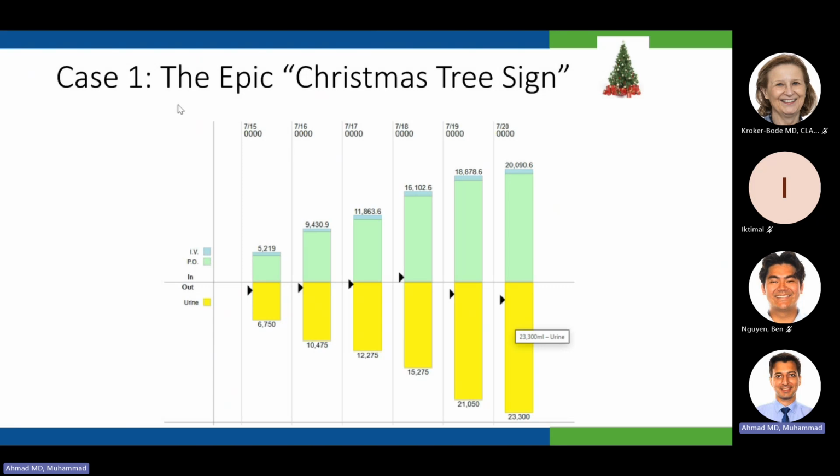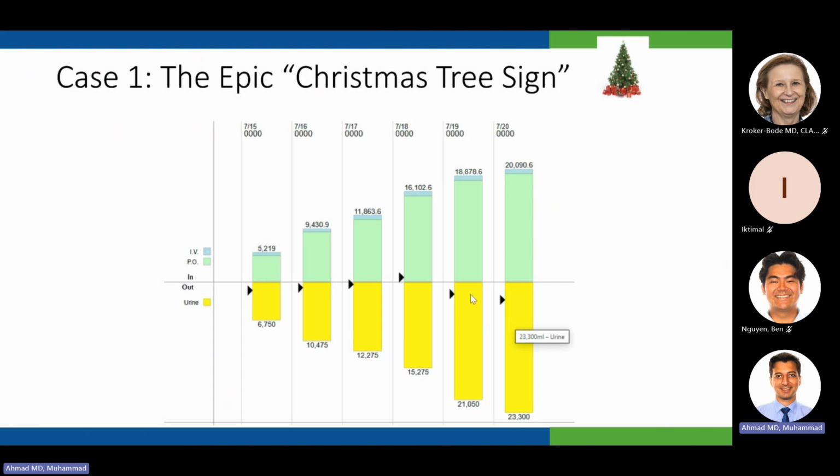So when you are diuresing the patients, if you remember, we said net diuresis. This is an actual patient on our floor right now. He has put out 23 liters. And by now, it's probably like 30 liters of fluid. But he has what we call the Christmas tree sign.